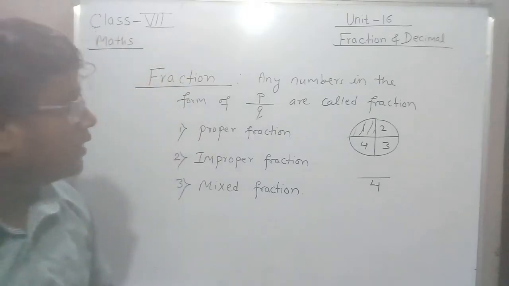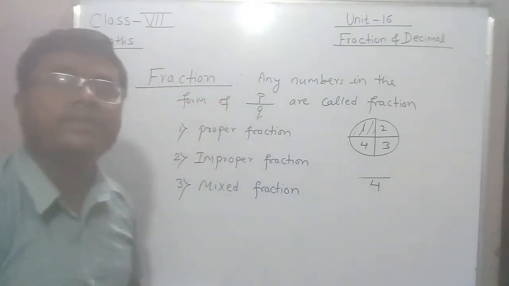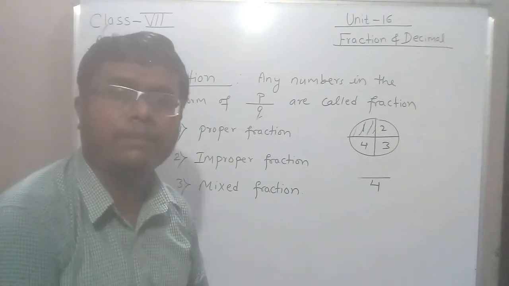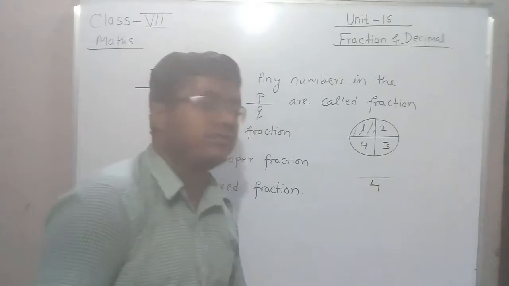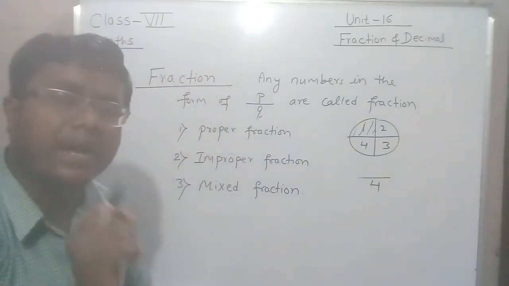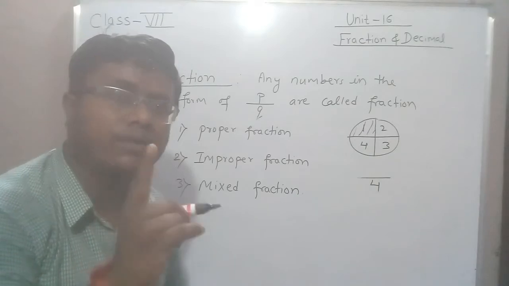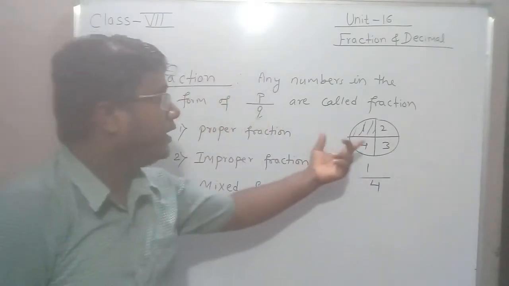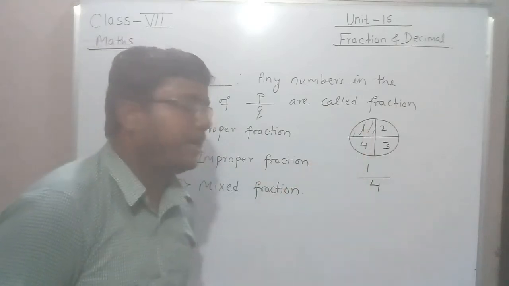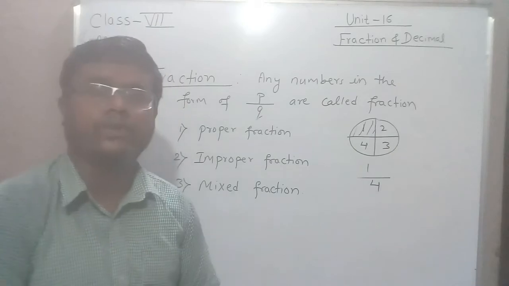Generally the number written in the denominator represents the total number of parts. The total number of parts is 4, and you have consumed only one part, that is 1 upon 4. If you consume only one part, this can be written as the fraction 1 upon 4.